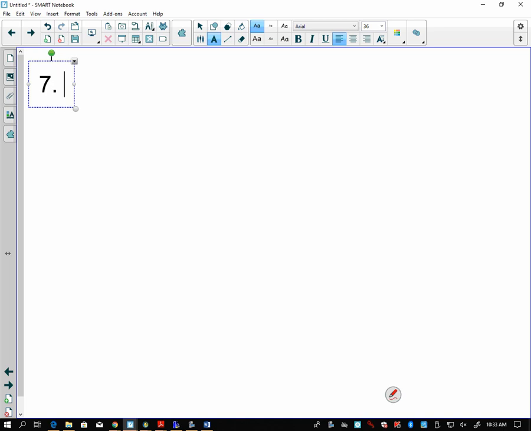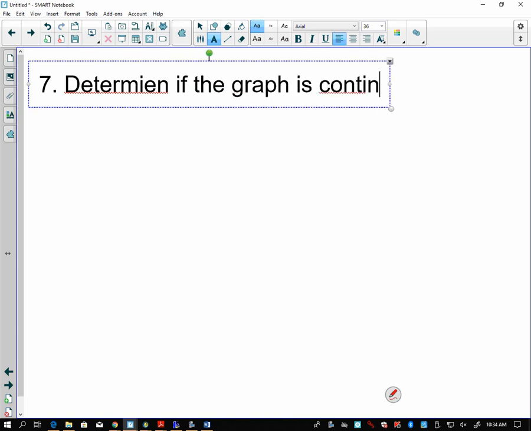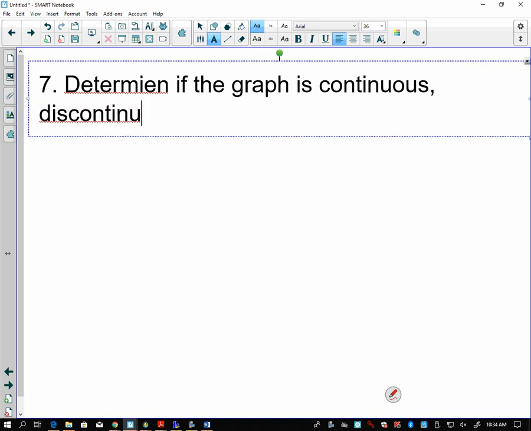Number 7. Oh, this is a little harder to show. I'm going to write this in, and I'm going to probably handwrite the rest of it. Determine if the graph is continuous, discontinuous, or discrete.